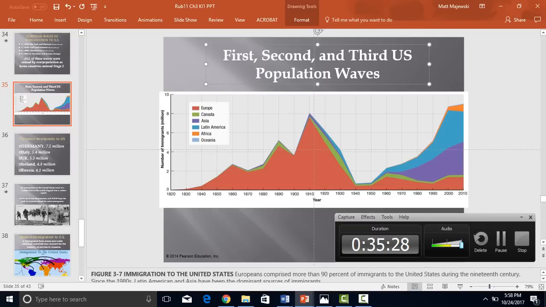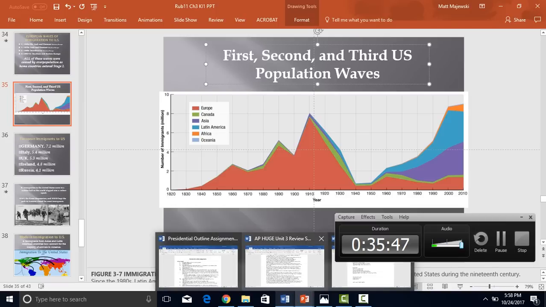And we noticed that the immigration waves changed and now started to be Latin American and Asian immigrants who were no longer as restricted from getting into the country. So those are our three waves. Really we're seeing the third wave continue all the way up until today. Asian and Latin American immigration continue to be at all-time highs.